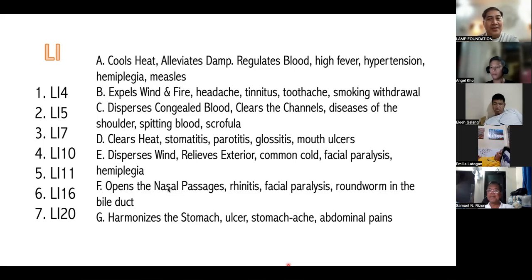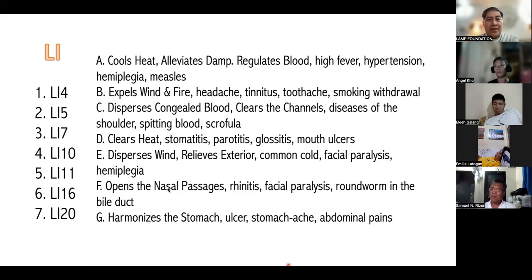Dahil sa stomach channel. So if you needle LI20, you also affect the stomach, and we need it very badly if you want to look young. Okay. Ano po yung sagot natin dyan? My answer, Doc, is letter F. Opens the nasal passages, rhinitis, facial paralysis, roundworm in the bile duct.